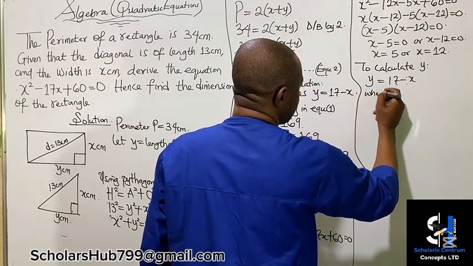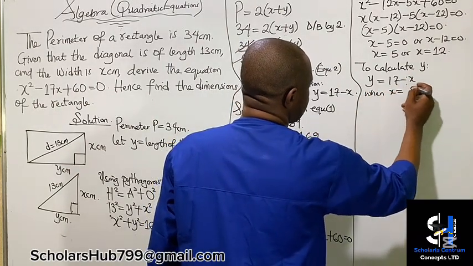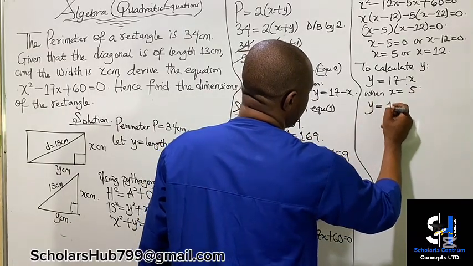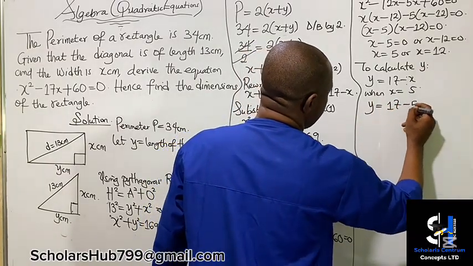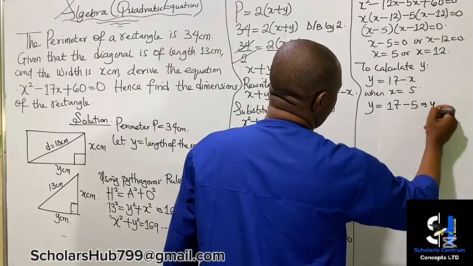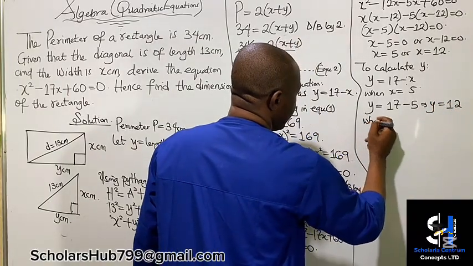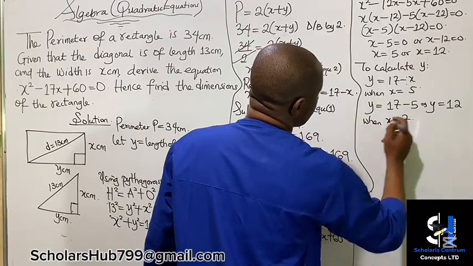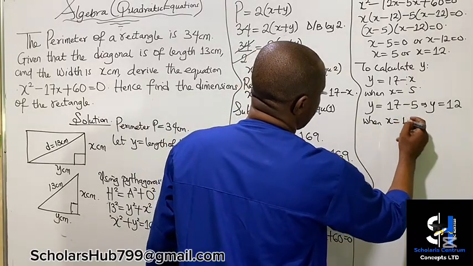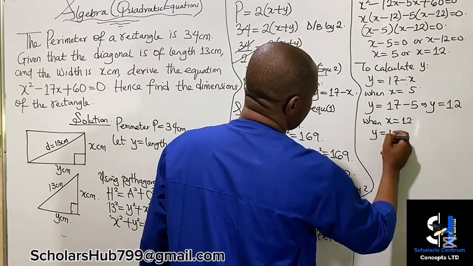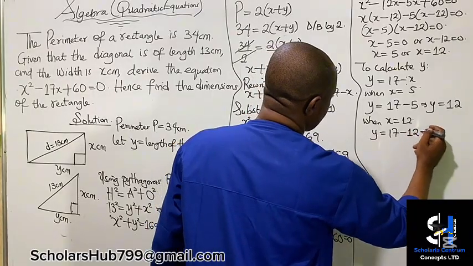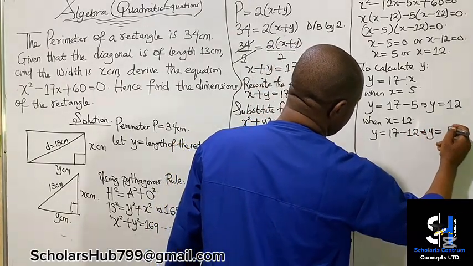When x is equal to 5, y will be 17 minus 5, so y will be equal to 12. Now, when x is equal to 12, y will be 17 minus 12, then y will be equal to 5.